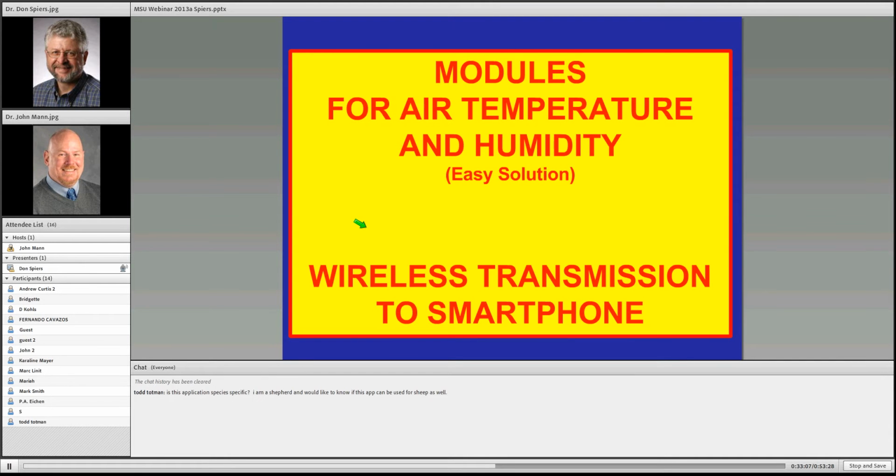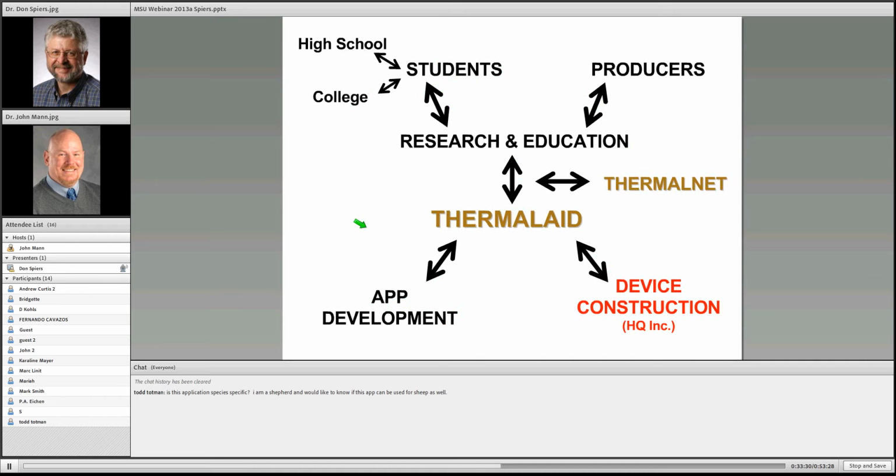Small, cost-effective modules that the user can purchase and then place in different parts of their farm, be it in buildings, be it in feedlots, and wherever, and through wireless transmission send information to a smartphone. It would be the Thermal Aid app again that would give them information specifically on their site, not using weather information from the locality that they are situated in.